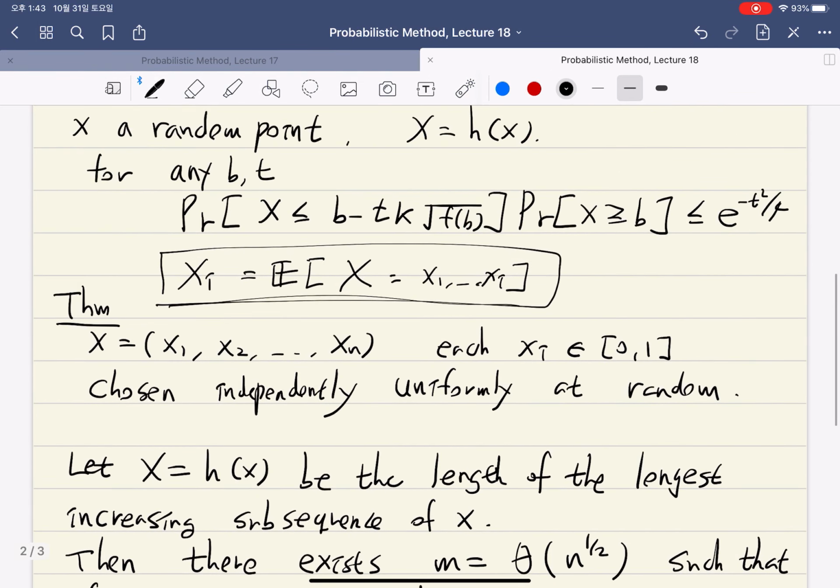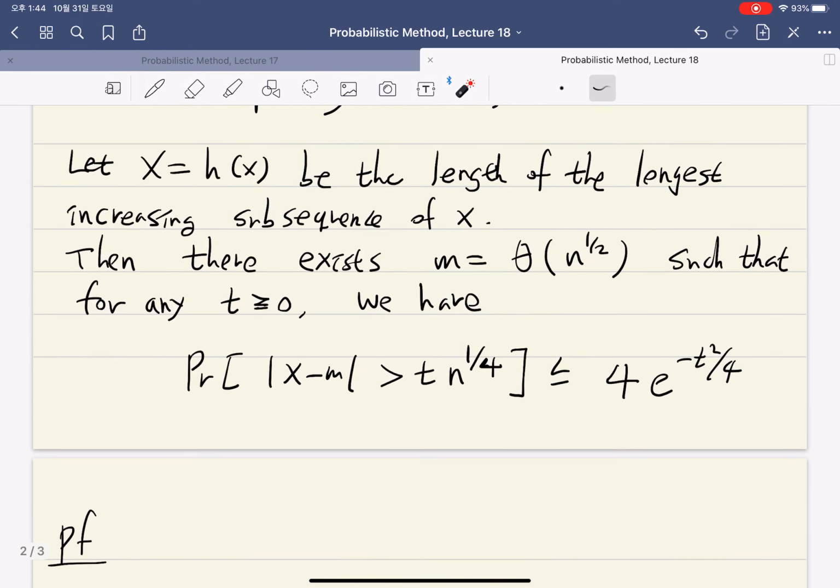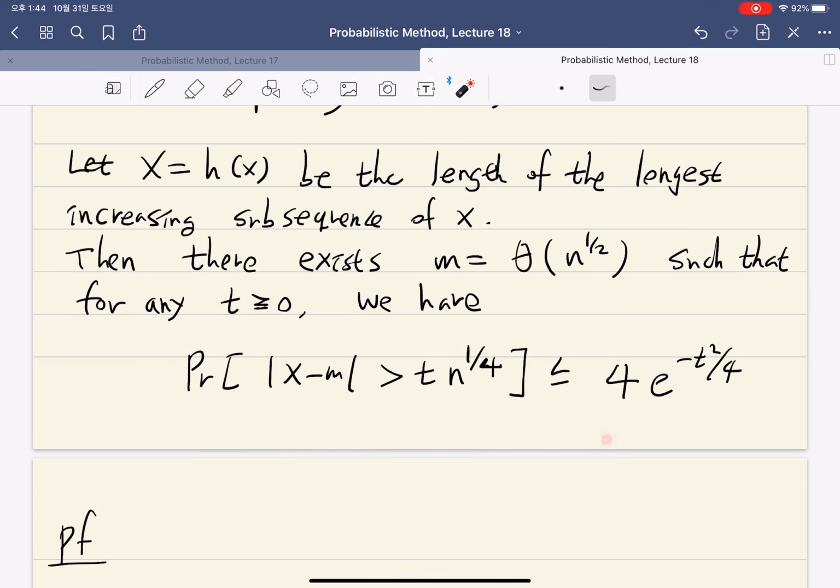One obvious way is that you use, as I mentioned, the Azuma inequality. Then the probability that h of x minus the expectation is at least, say, 10 times n to the 1/2 is smaller than 0.1.